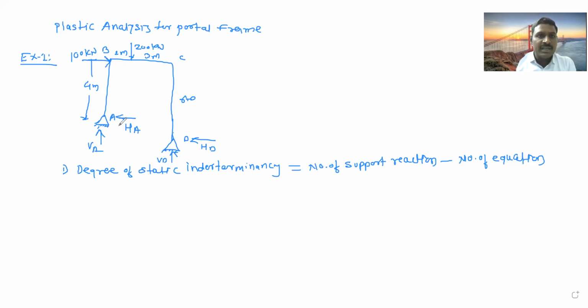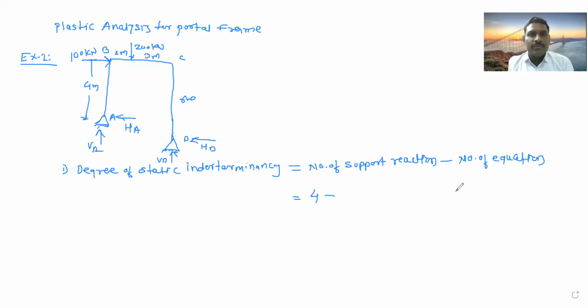At A, there will be a vertical reaction VA, and due to the 100 kilonewton horizontal force, a horizontal reaction HA. Similarly at D, there is a vertical reaction VD and a horizontal reaction HD. So how many support reactions are there? Two supports, each with one vertical and one horizontal reaction, so there are 4 reactions. 4 minus the number of equations.